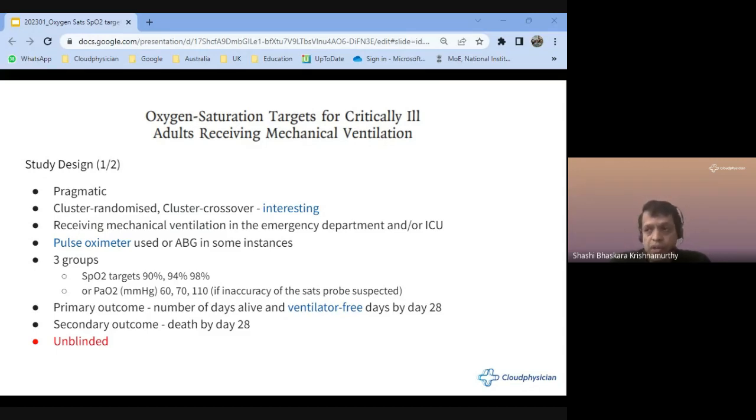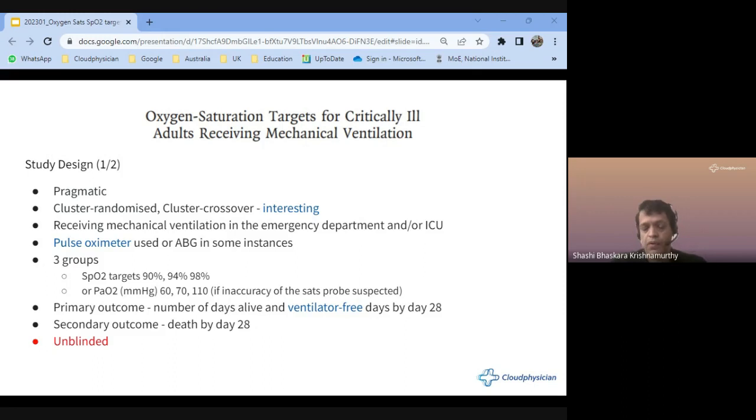There were three groups. The lower target group had saturation targets of approximately 90, a range from 88 to 92. The intermediate target was 94%, that is, between 92 and 96%, and the high saturation target group was from 96 to 100%, or a mean of 98%.